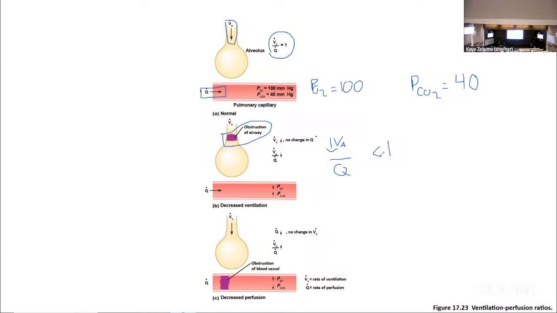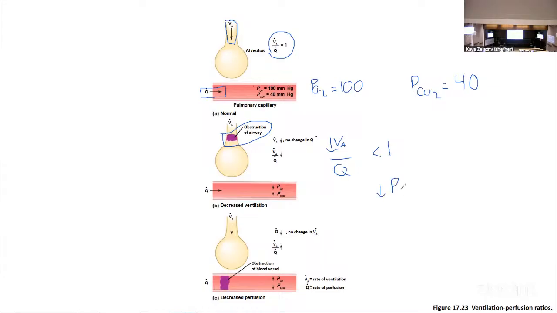Now we can see that because we don't have as much air coming in, this is going to change those partial pressures of gases that we see in our blood as it continues back from the lungs, back to the left side of the heart, and then out through your systemic circuit. So if we have this lowered airflow, in the blood you're going to end up seeing low oxygen.